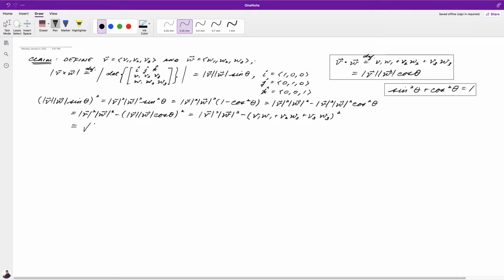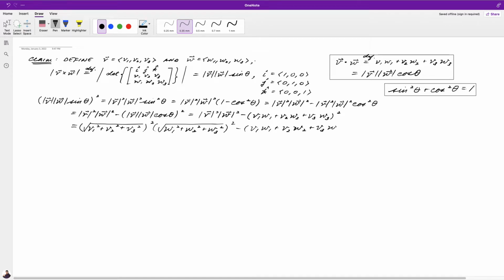So this is just going to be the following. The magnitude of a vector is the square root of the sum of the squares of the components, so it's that squared, and I'm going to do the same thing here now, minus all of this, which we will expand in the next long step.